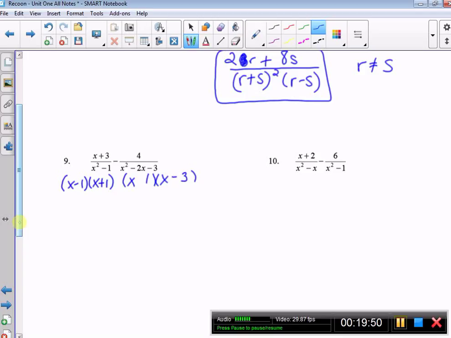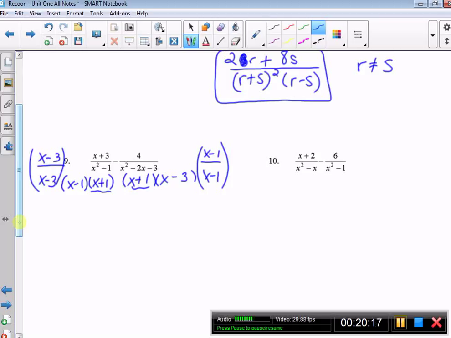So it's minus 3 plus 1. So they have x plus 1 in common. So this one needs an x minus 3. And this fraction on the right needs an x minus 1. Remember, we're taking what they have in common times what they do not have in common. So they have an x plus 1 in common times x minus 3, which is not in common, times x minus 1, which is not in common.